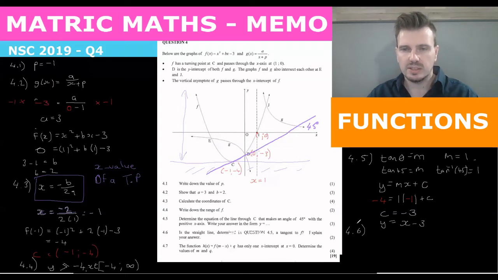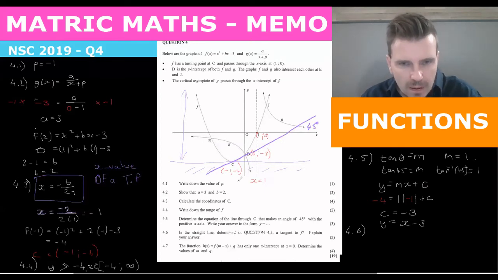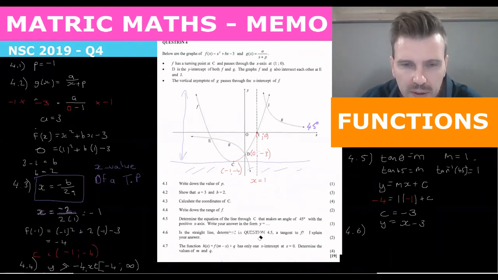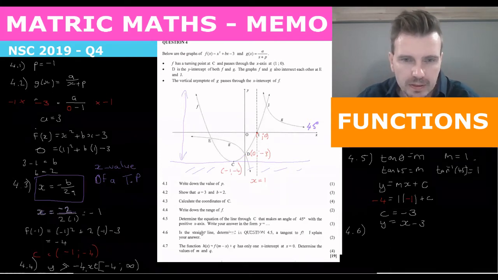Let me just expand this quickly. So I'm going to delete this so that it makes it a little bit more obvious. And I'm going to do it in pink. And let's do our line tool.